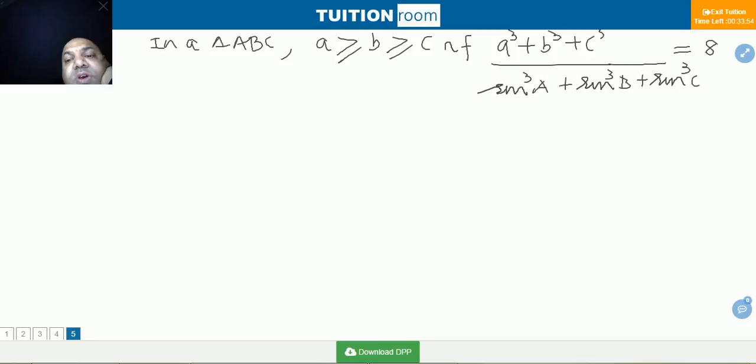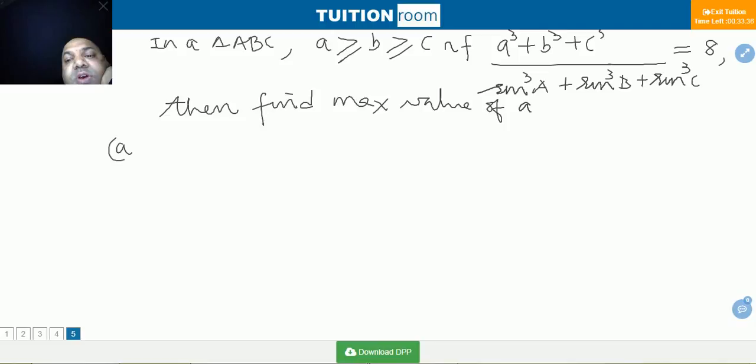Then find the maximum value of a. The options are given here.